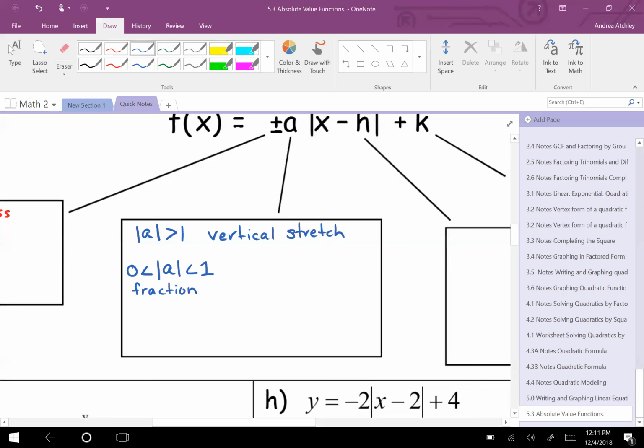If A is a fraction, then it is a vertical shrink. And remember, if I shrink vertically, that means my V is going to get wider. If I'm stretched vertically, that means my V is going to get narrower, skinnier. Does that make sense? Okay.